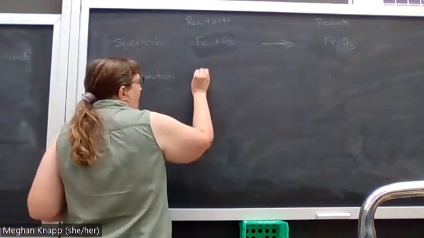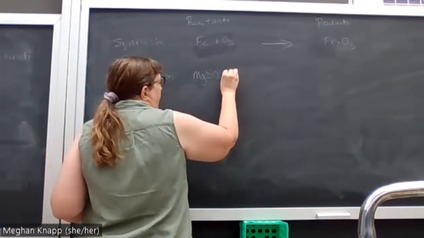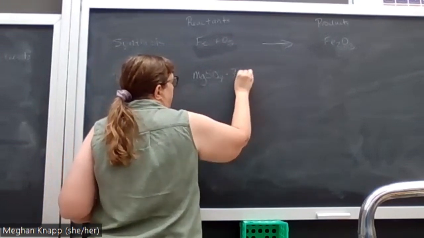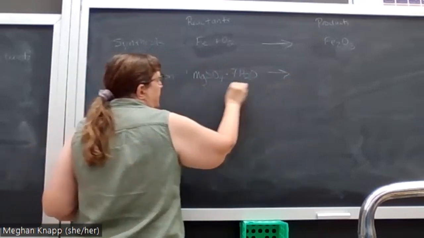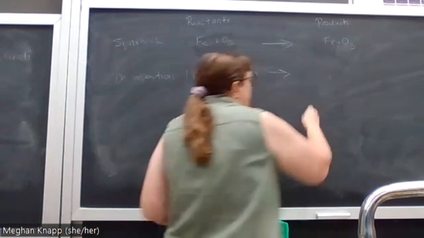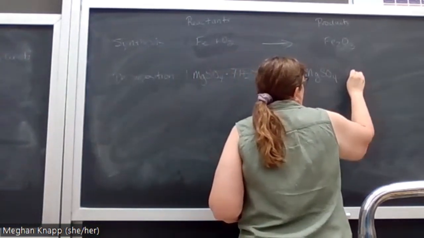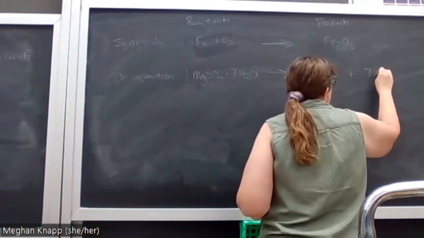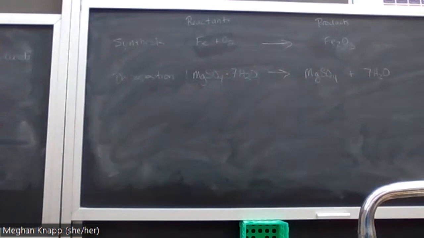So in lab, you had magnesium sulfate, and I think that was heptahydrate. So this is all one compound. There's no plus in there. And then we ended up with our products being magnesium sulfate plus 7 H2O. So 2 or more products. Okay, so those two are pretty easy to identify just by counting how many things are there.